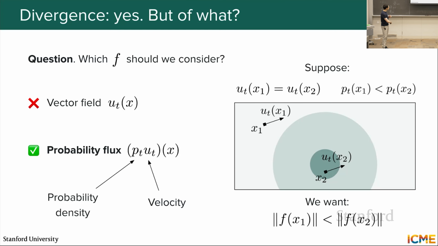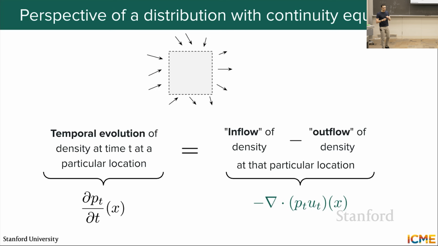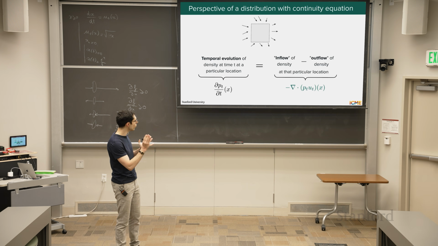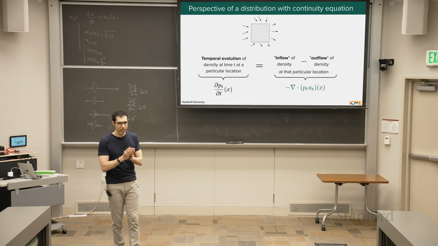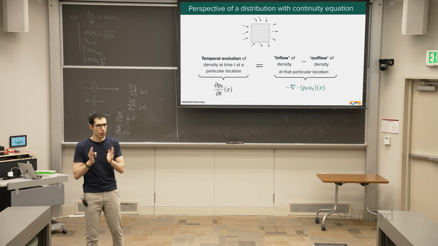So going back to the equation that we wanted to put in writing, what we're saying is that the temporal evolution of the density at time t, which we said is simply the partial derivative of p with respect to t, is now equal to minus the divergence of the probability flux.